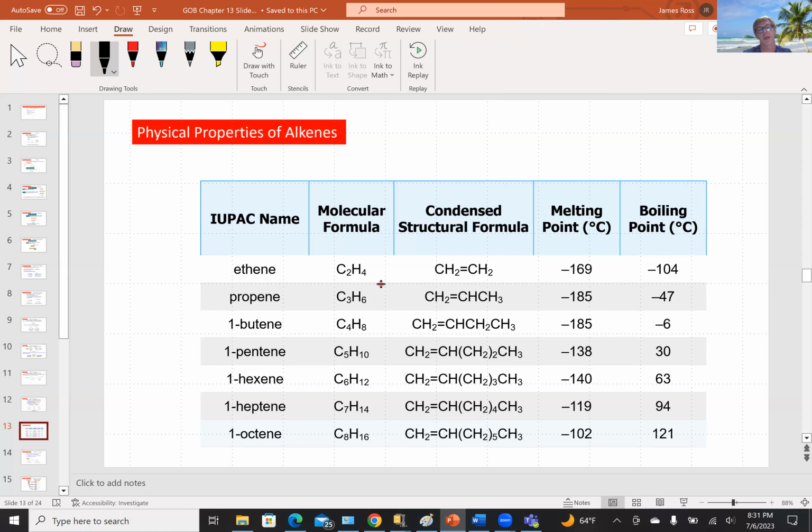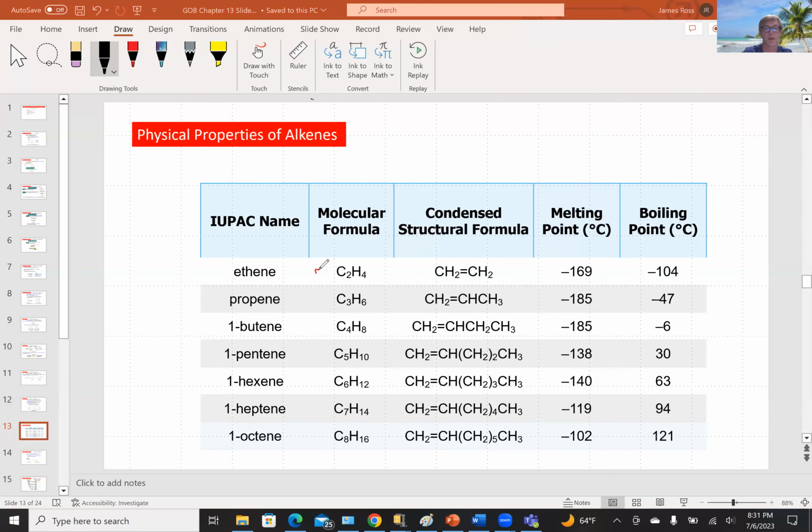Likewise here, as you get more and more elements, they come with more and more electrons. So as you go down this column, the number of electrons increases, and so do the physical properties, the boiling point and the melting point. Again, we only have London dispersion forces, and they are proportional to the number of electrons.